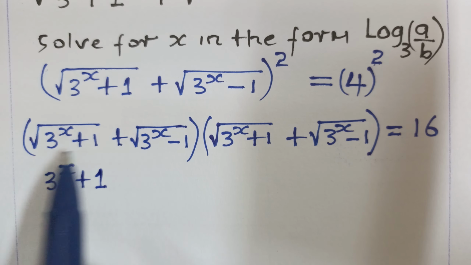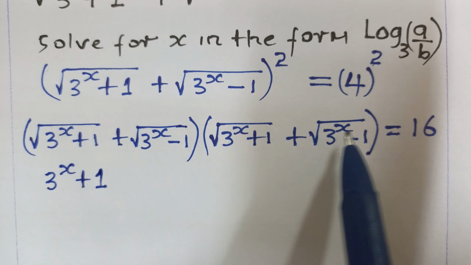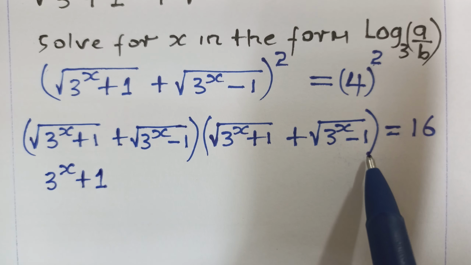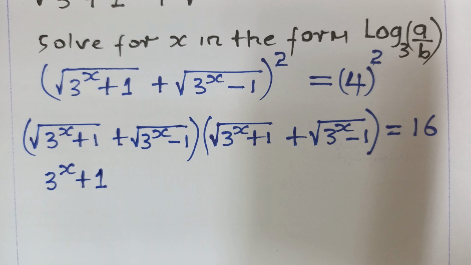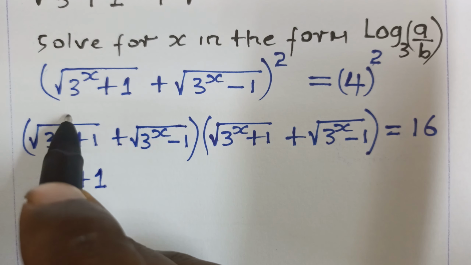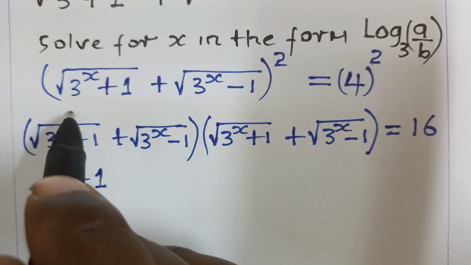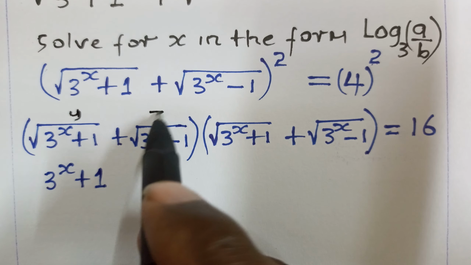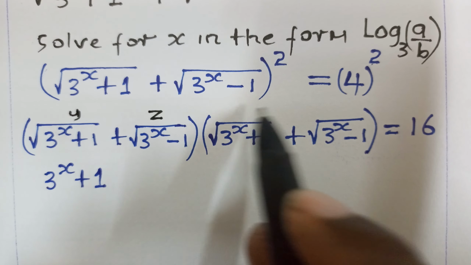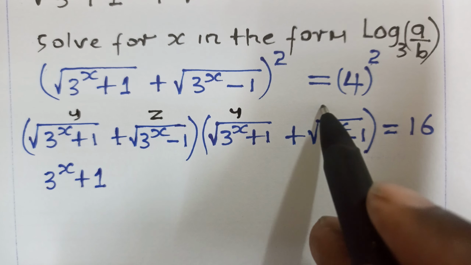Then we square the other square root. As you can see, they are not the same, so let's call this one y and this one z. The same case with this one: I call it y, and this I call it z.